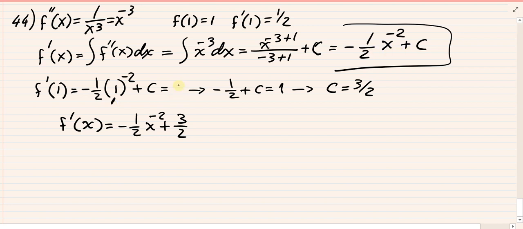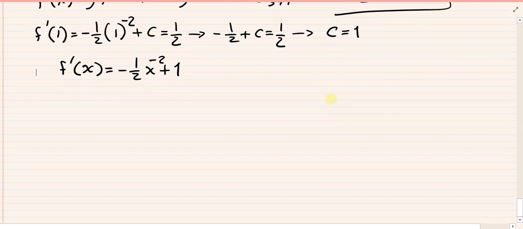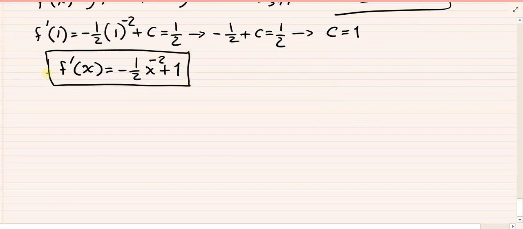I put 1. Sorry. F prime at 1 is a half, so that's a half. So add 1/2 to both sides, so c is 1. Sorry, now it looks better. I said it, I didn't write it correctly. Okay, and there we have it. So that is our f prime x. That is the first derivative function that meets those initial value conditions.